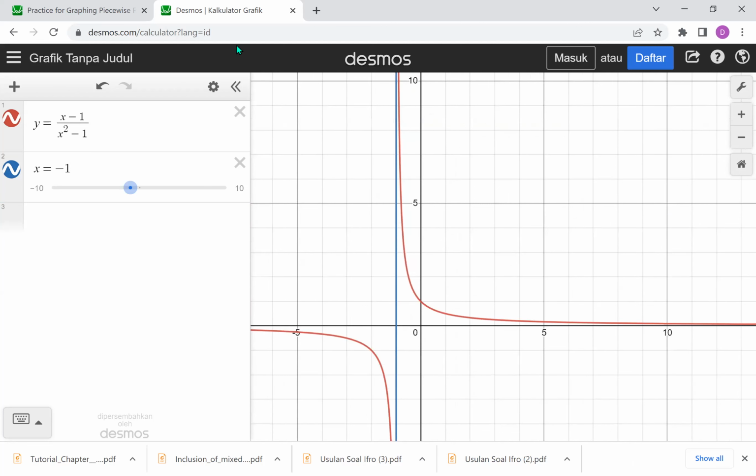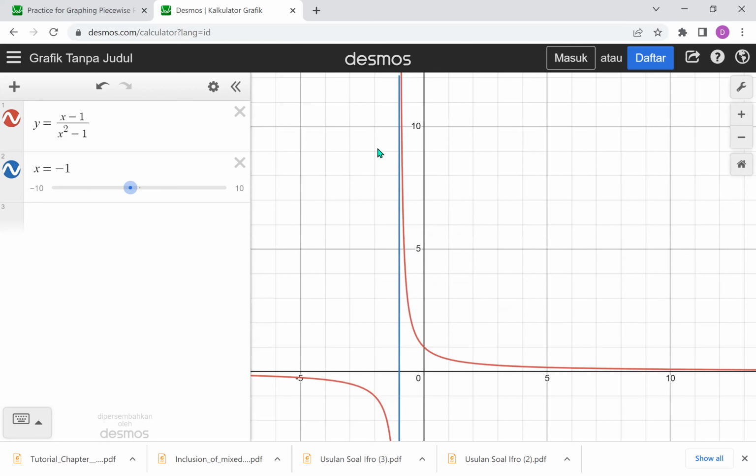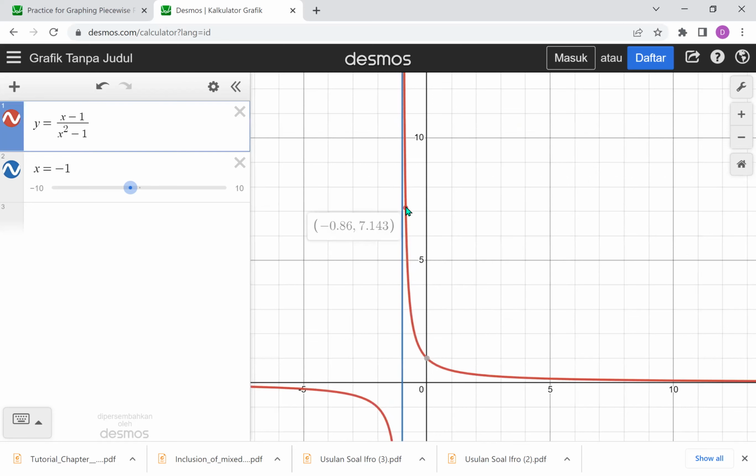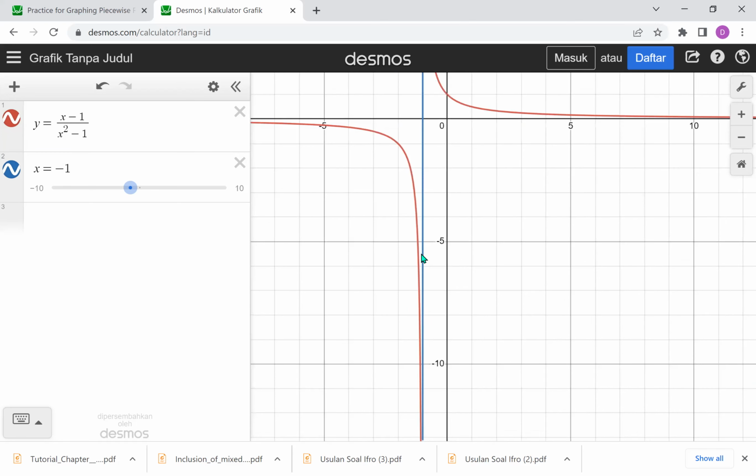If I consider the right-hand limit, if I take a look at the graph of the function, the red one, you'll see that if x is approaching -1 from the right, then the value of the function can be made arbitrarily large. On the other hand, if I consider the left-hand limit at -1, then the value of the function is getting really small there.